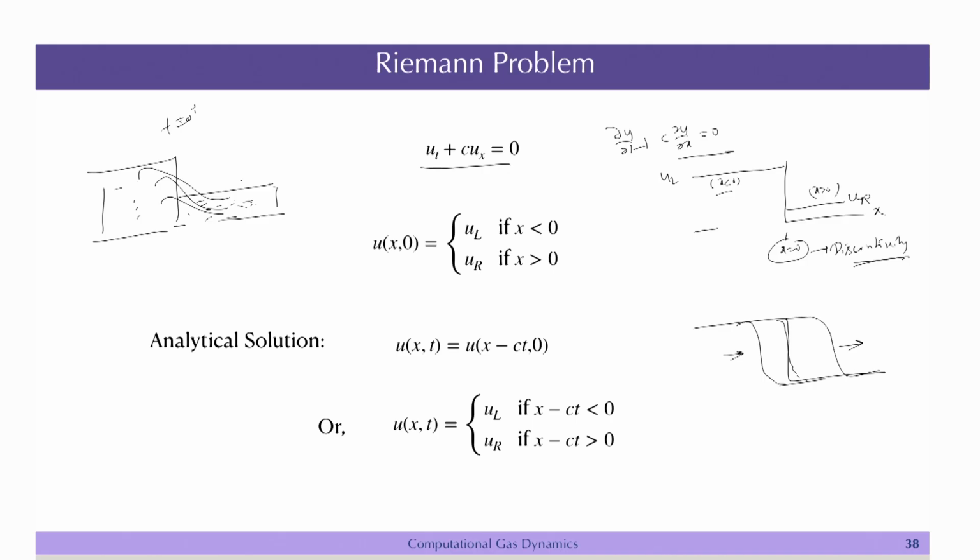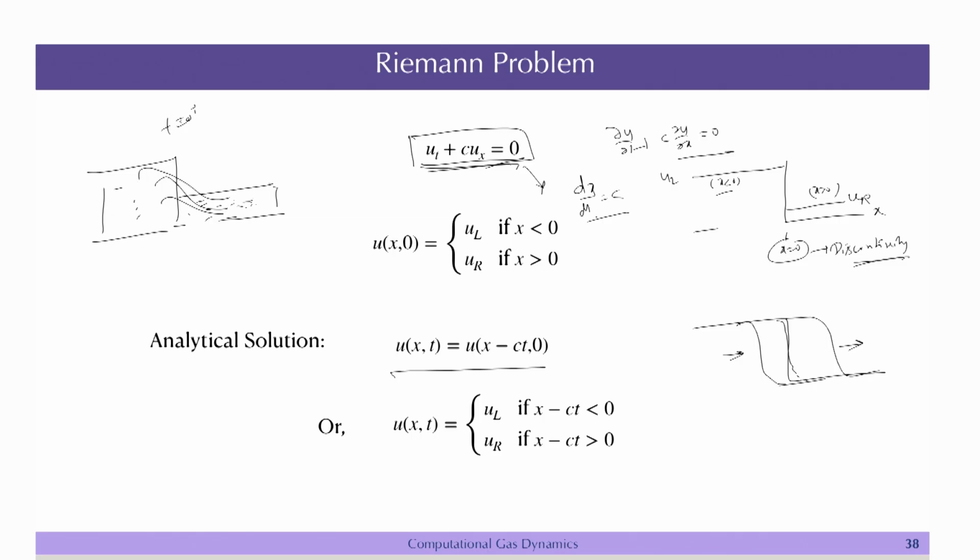But I am first telling you for the linear convection equation, which is u_t plus u_x equal to 0. For this we know the solution, that we have discussed earlier: this is a hyperbolic problem and the characteristic is dx by dt equal to c.